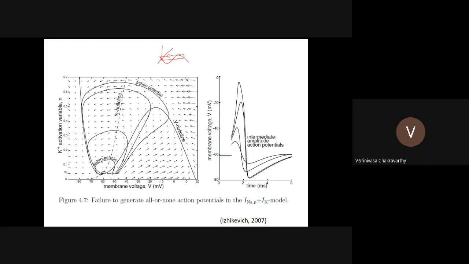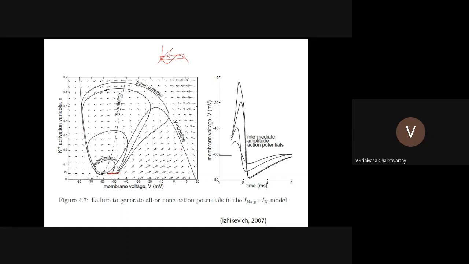In the simulation plot, these are all points on the horizontal line, which means that the n variable is constant, that is n naught is constant, but the initial voltage V naught is varying. If you start from here, you make a small circuit and come to this point. You start from here, you make a longer circuit. Start from here, you make an even longer circuit, and so on. Start from here, it makes a very long circuit and comes back here.